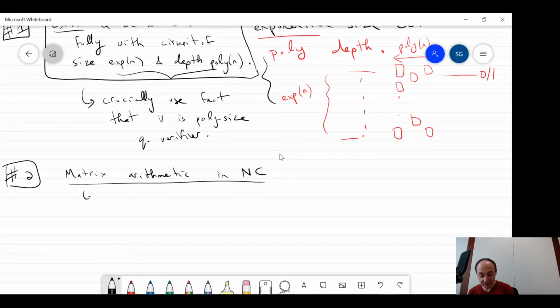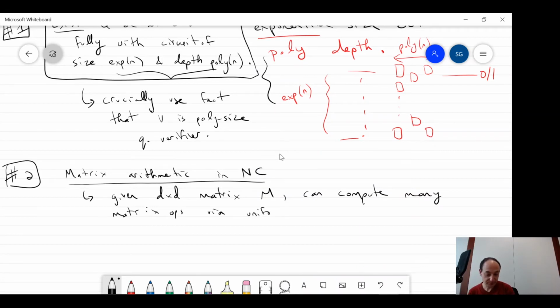So the whole idea here is that given a D by D matrix M, whatever D is, we can compute many matrix operations via uniform circuits of size polynomial in the dimension.